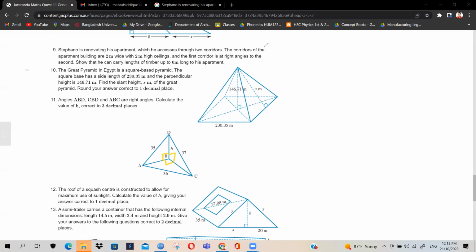So now we are given 3 right angles. This is the number 1 triangle, this is the number 2 triangle, and this is the number 3 triangle.